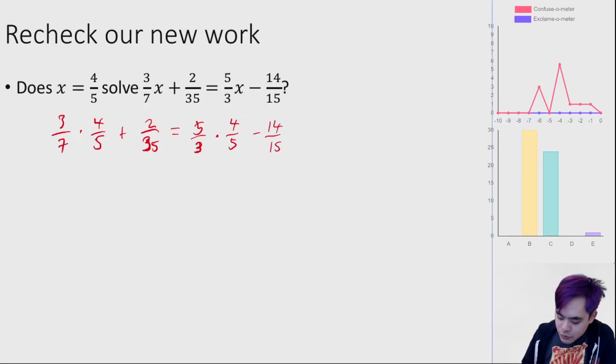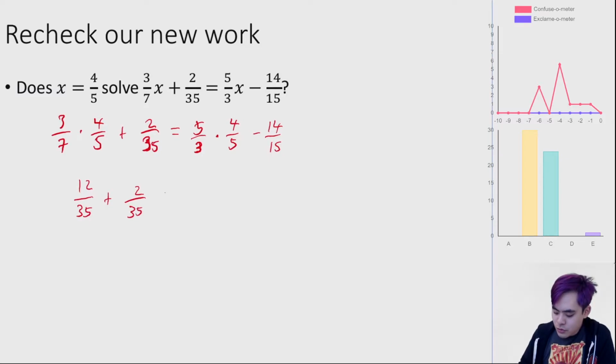If we multiply those out, that's 12 over 35 plus 2 over 35 is equal to, I'm not going to cancel this out, 20 over 15 minus 14 over 15. So then you get 14 over 35 is equal to 6 over 15.